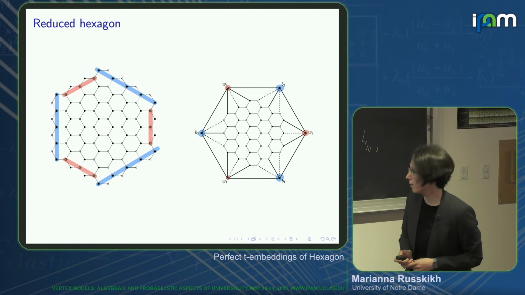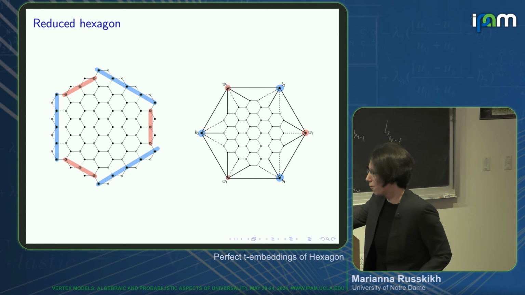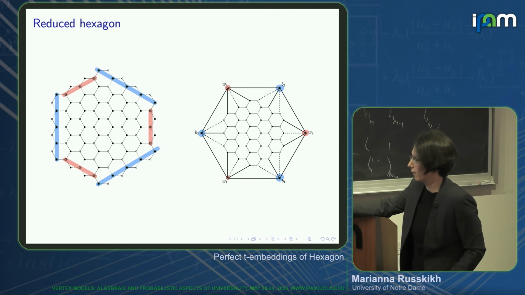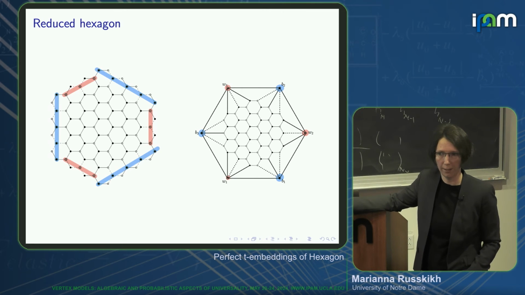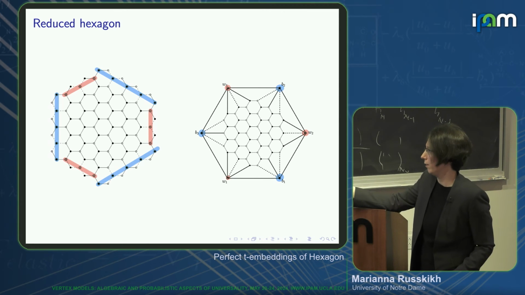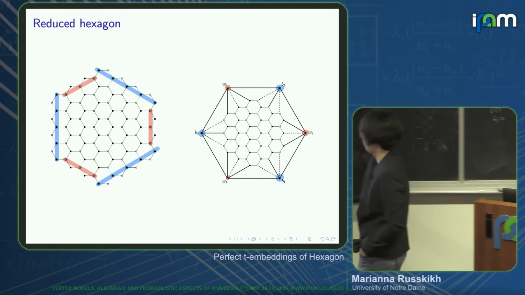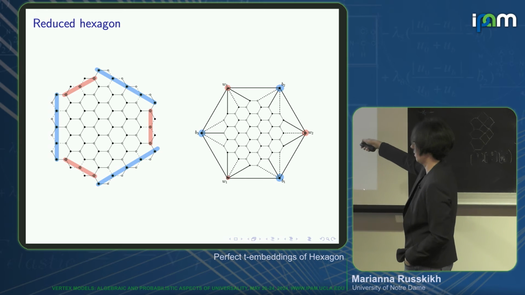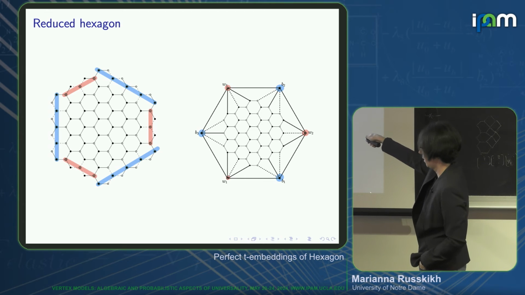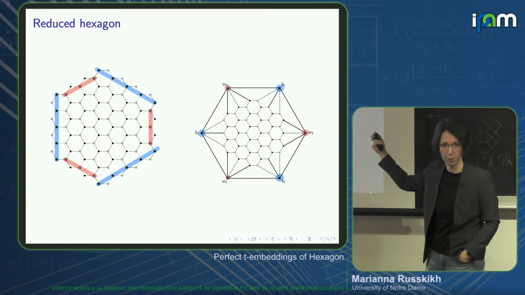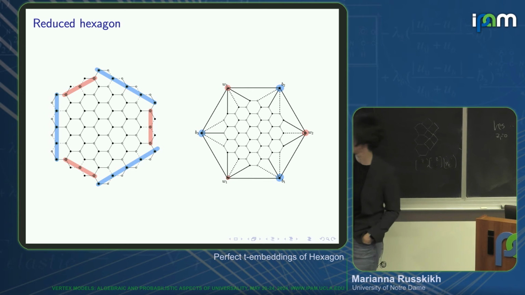All right, so now for the uniform weights on the hexagonal lattice, all Kasteleyn signs are 1. We cannot do the same for this one, because now we have faces of degree 4, and we have this Kasteleyn sign condition, which tells us that the alternating product around each face should be plus or minus 1, and in this case, it has to be minus 1.